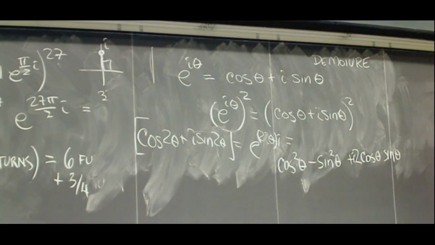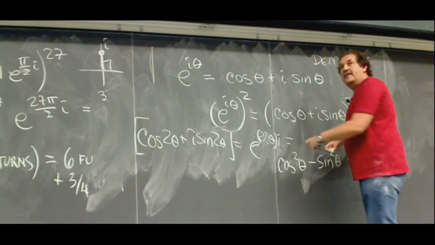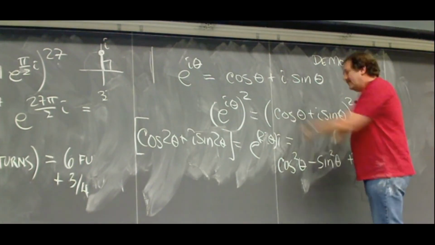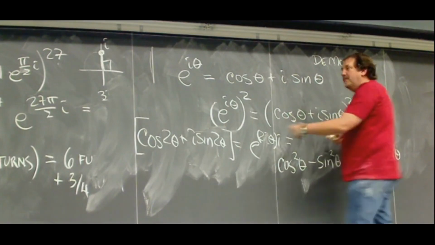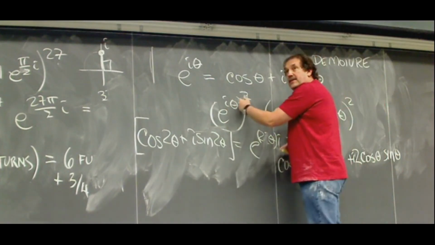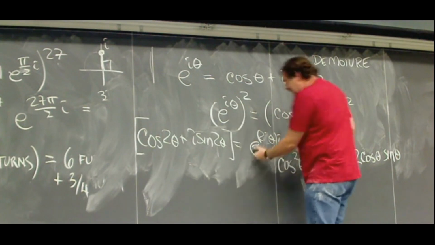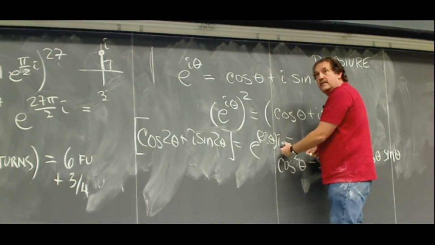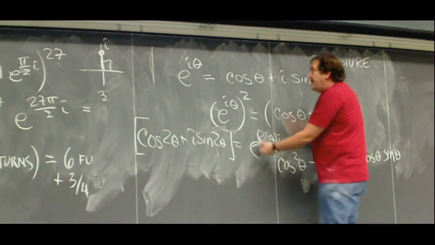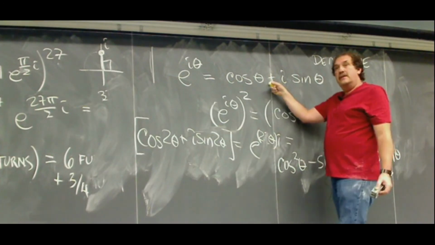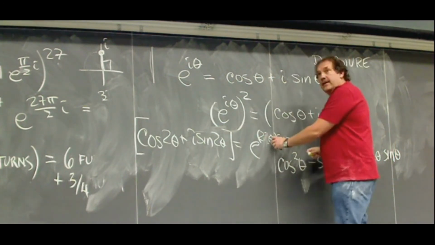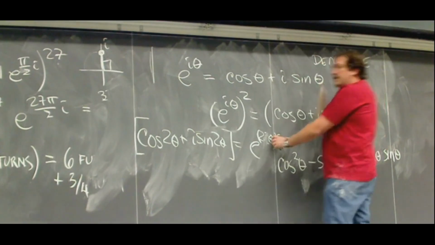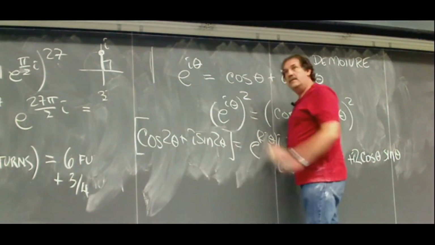Here I'm going to take e to the i theta and square it. That's e to the 2 theta i. So if I think in terms of this formula, that's saying take 2 theta, and everywhere I see a theta here, write a 2 theta.